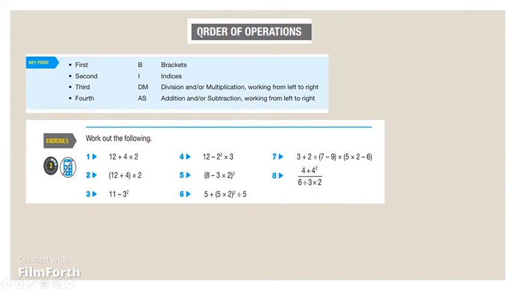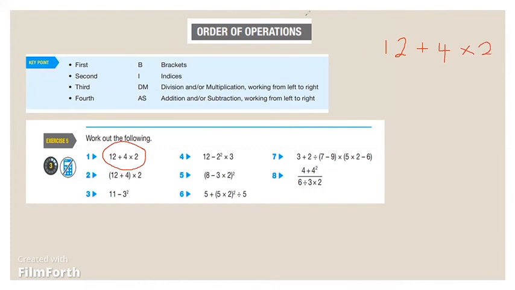Now here we are going to learn about BODMAS or BIDMAS, right? Under BODMAS or BIDMAS, we identify the brackets, indices, then division, multiplication, addition, and subtraction. That is the order we are going to follow. I will do the first question, which is 12 plus 4 times 2.